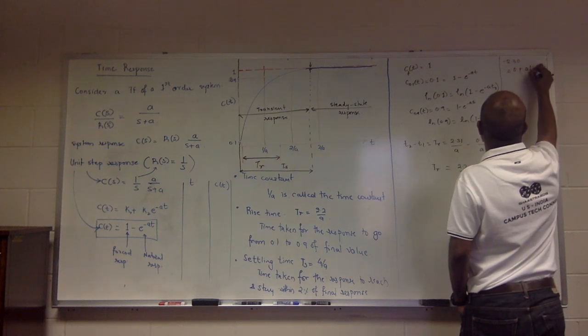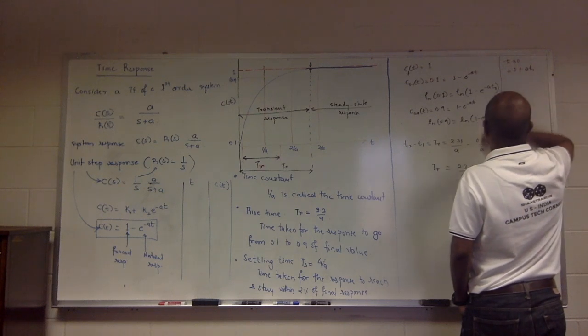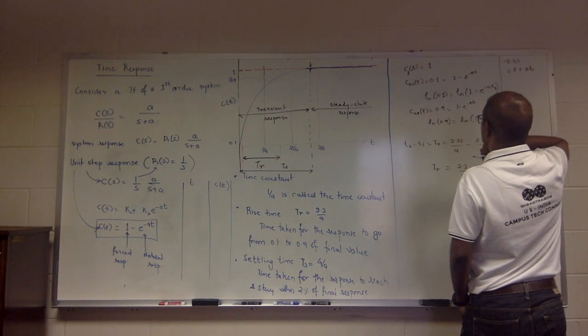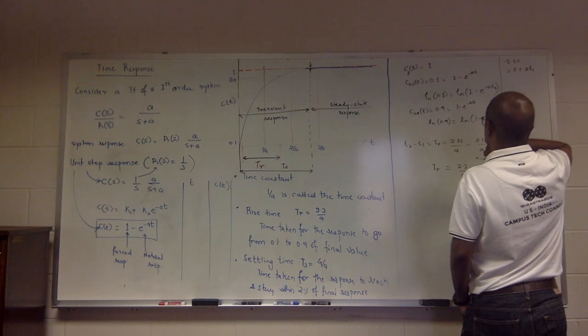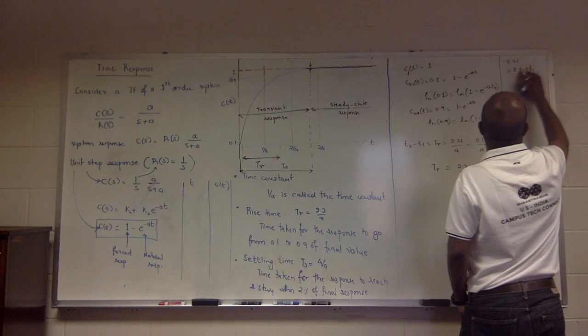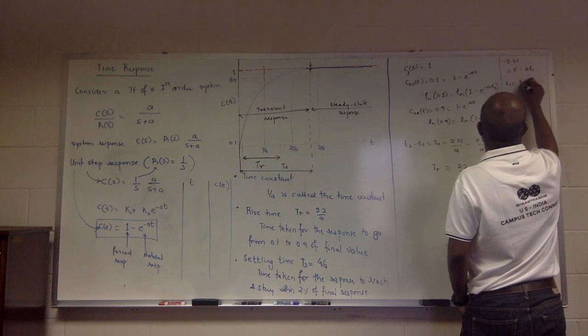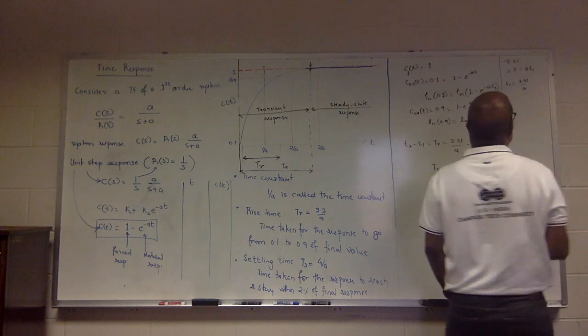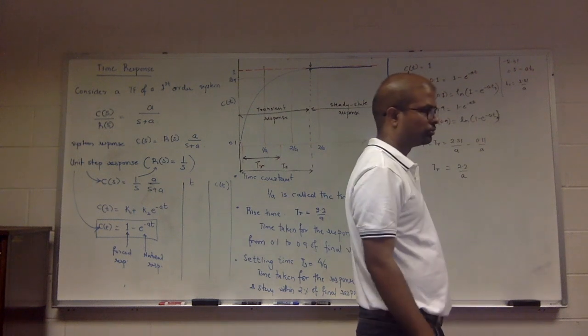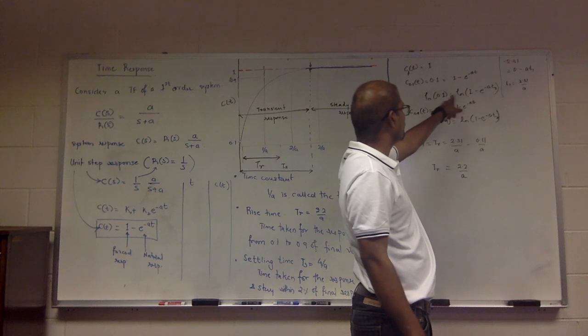Okay, and this might be negative. But you're going to get T1 is equal to 2.31 over a. Okay. I think that is how you solve for it.